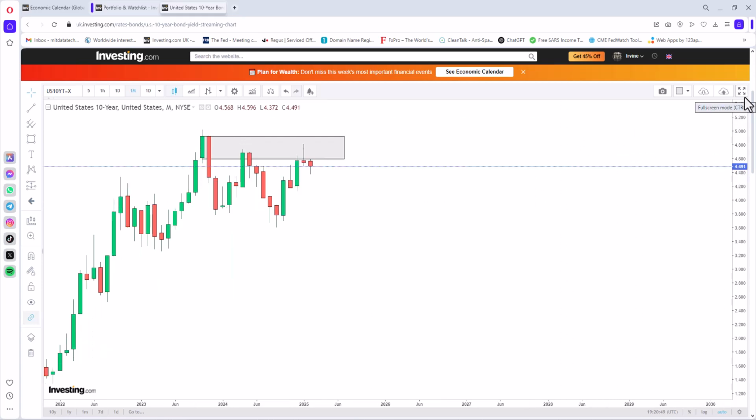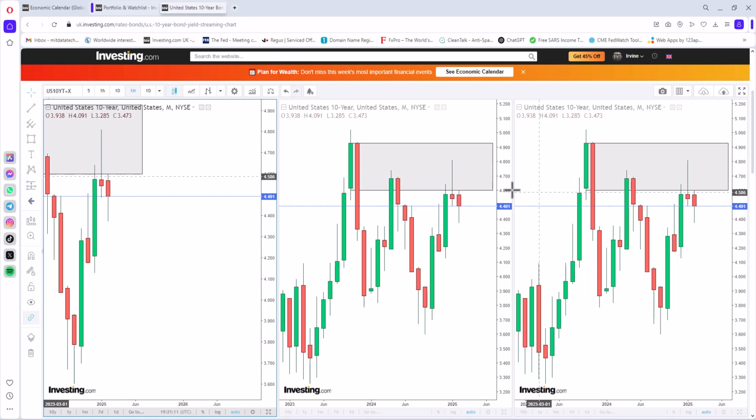But the main thing that you need to take note of is SMT divergence, using the smart money tool to see if the institutions are pouring money into the long-term rates, or they are taking money out of the long-term rates. And to do that, we need the other two long-term rates.